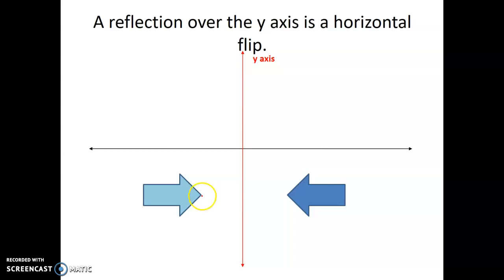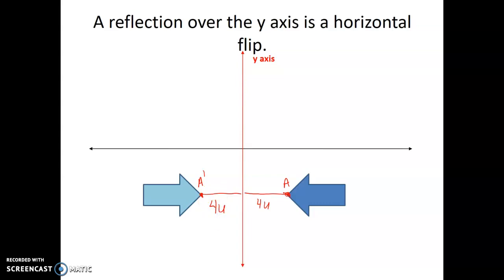Once again, every corresponding point from my original to my new reflected shape should be the same distance from the y-axis. So if this point, we're going to call it A, is 4 units from the y-axis, its reflected point, which we're going to call A prime, meaning when I put that little apostrophe, that means that it is the reflected point, that will also be 4 units from the y-axis.